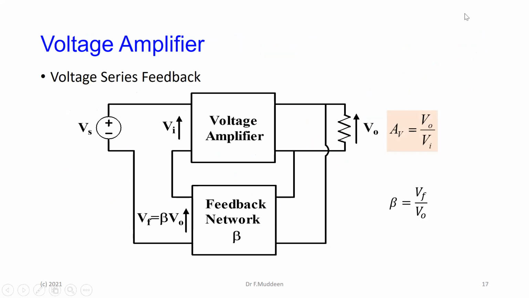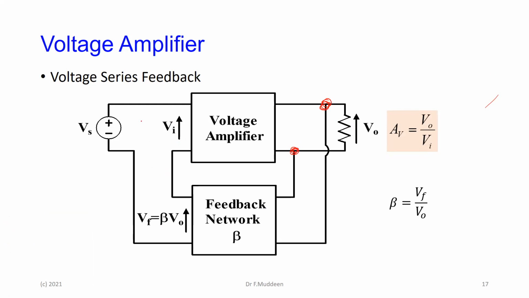So the voltage series, which is a voltage amplifier, you're sensing the voltage. How do I sense voltage? I sense the voltage across the load. So I have to put the feedback here. This is my load voltage. I have to sense the voltage across here and feed back the voltage.